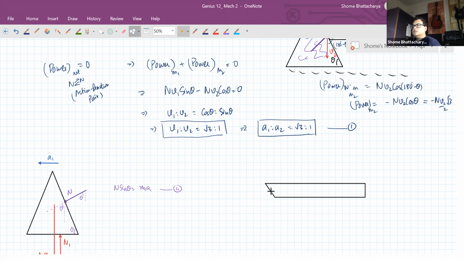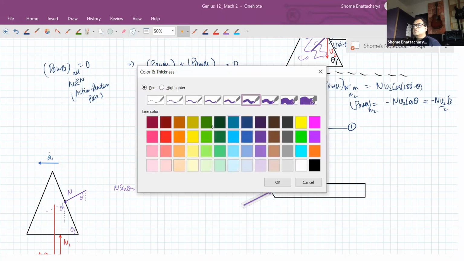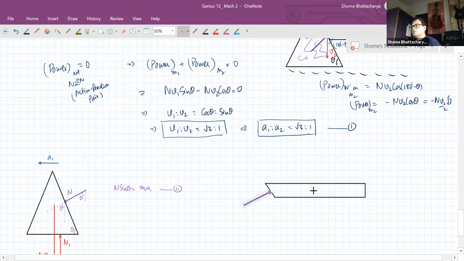So one normal reaction here, its own weight, some kind of normal reaction with the wall.